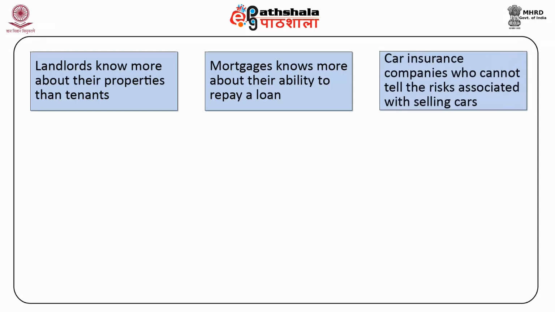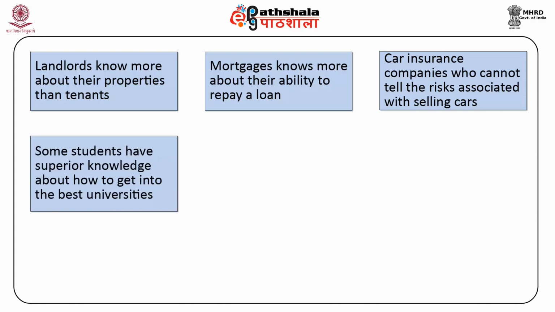Car insurance companies cannot tell the risks associated with selling premiums to each single driver, so they have to pool risks. Some students have superior knowledge about how to get into the elite or best universities, including prior information about which courses to take.